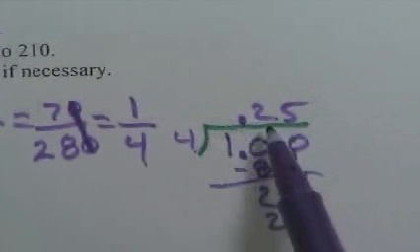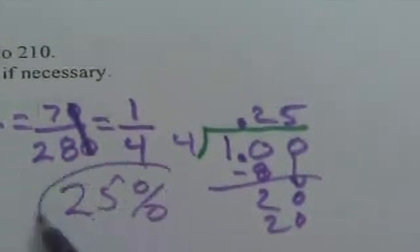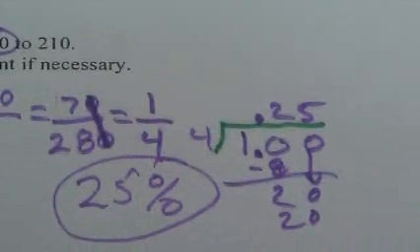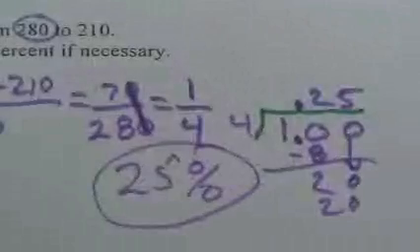So 0.25 is the same thing as 25%. So everyone should know that 1/4 is 25%.